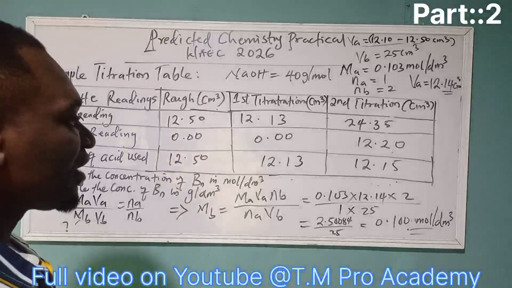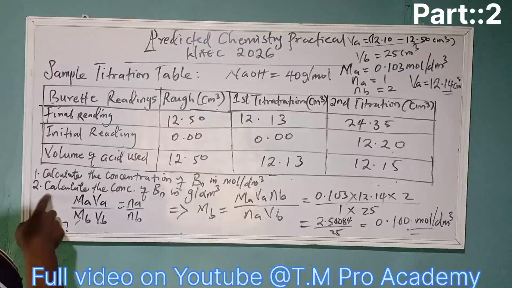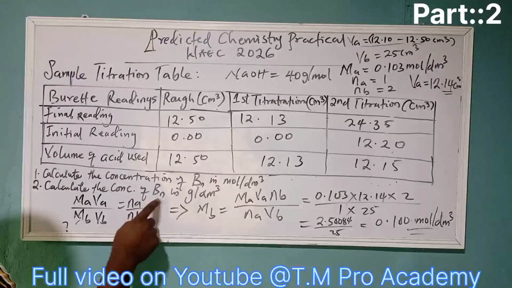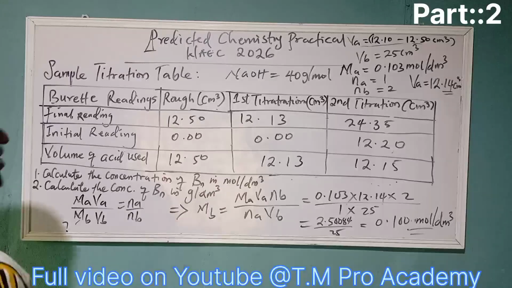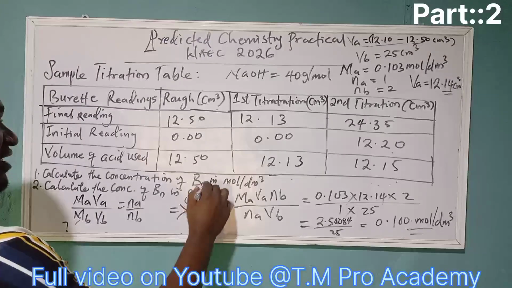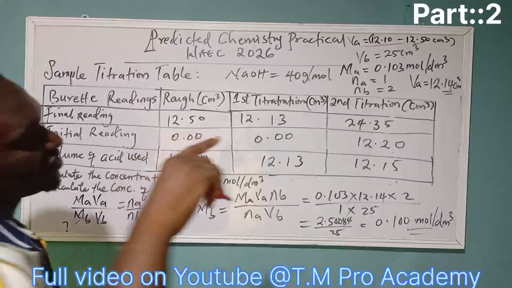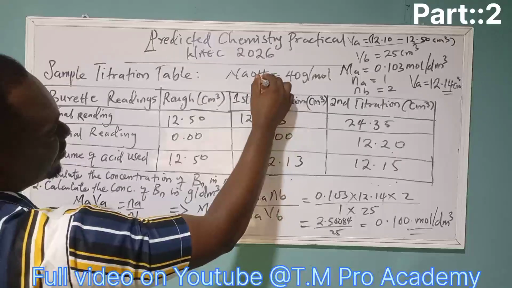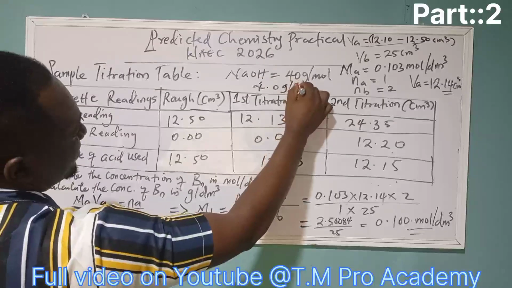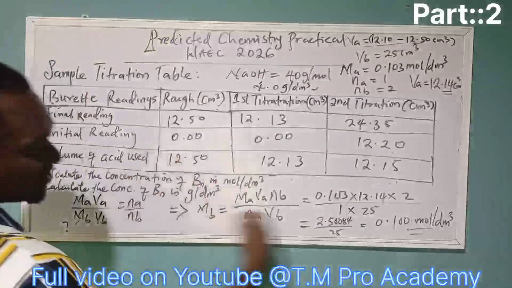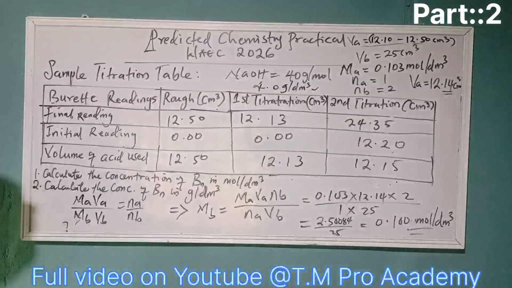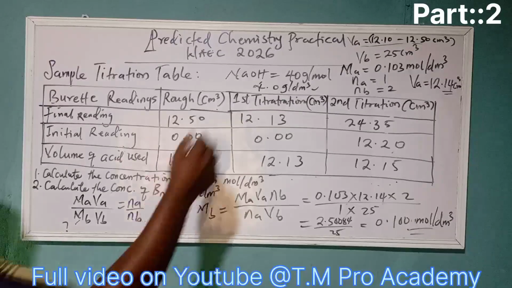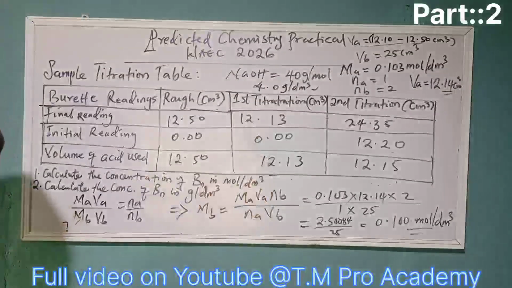Okay, so let's see. The next thing they ask us to calculate is the concentration of Bn in grams per dm³. Remember, in the calculation, the concentration of the base in gram per dm³ was 4.0, given by WAEC. So let's see if our calculation will give us 4.0. The moment we have 4.0, we know that we are absolutely correct.